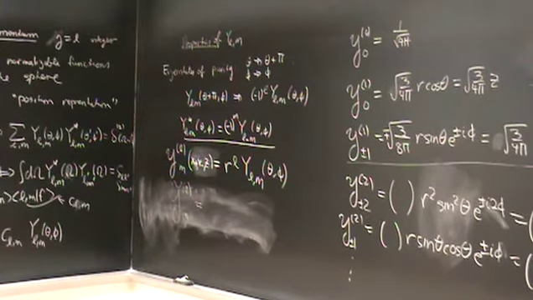These things are called, from my perspective, the irreducible Cartesian tensors, as opposed to the irreducible spherical tensors. And that is what's being drawn here.